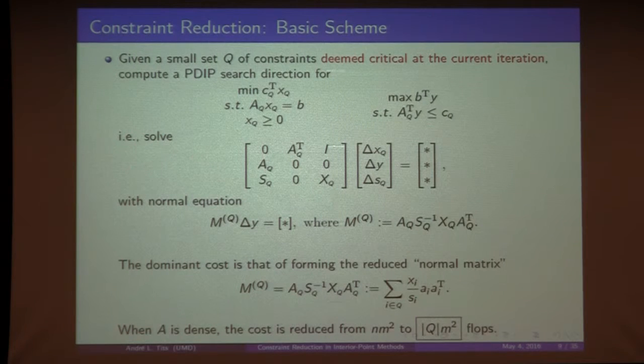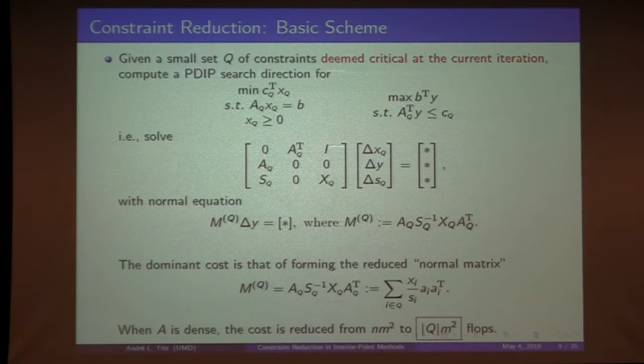So you have to solve, like before, this problem with all these Q's everywhere. And the normal equation now becomes this, where M_Q is the same as before, except for the Q subscript. By the way, Q subscripts here also mean that we have fewer entries in these diagonal matrices.